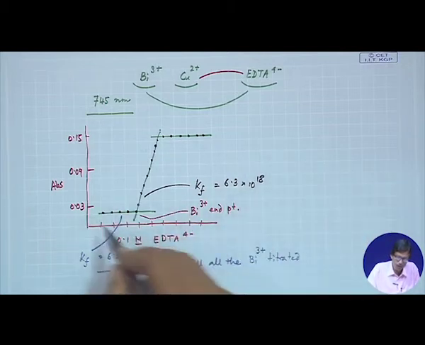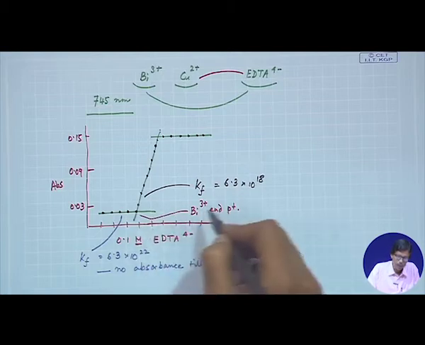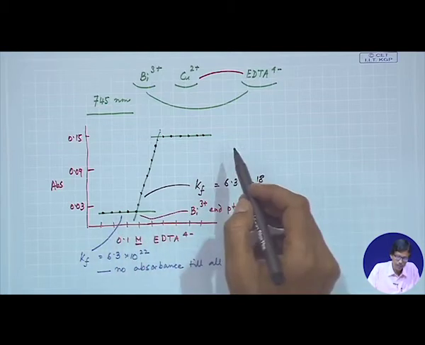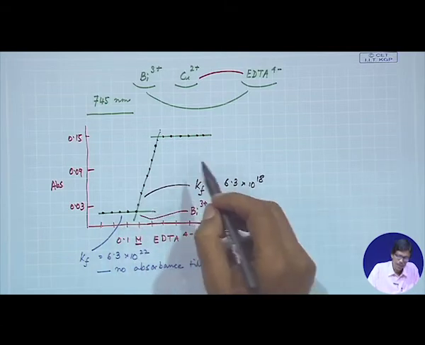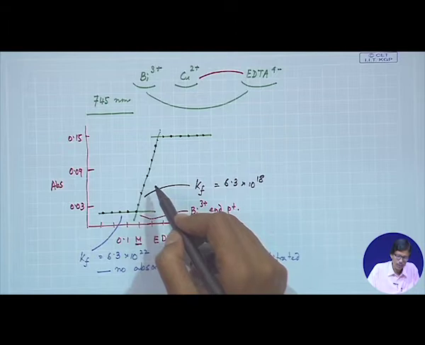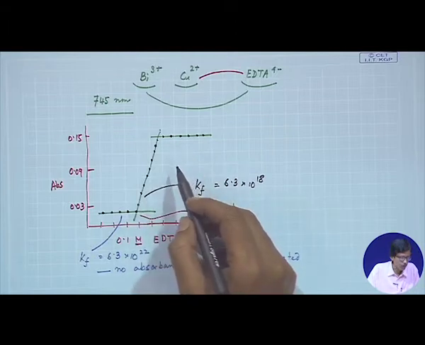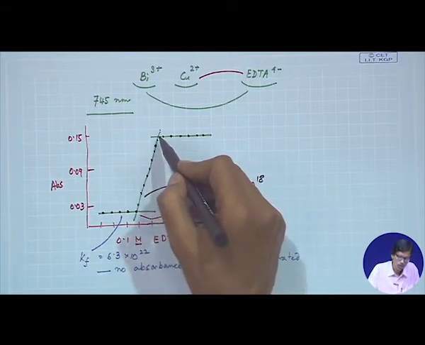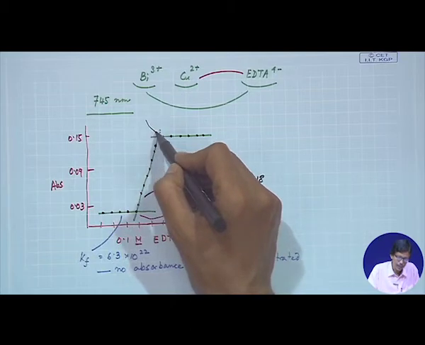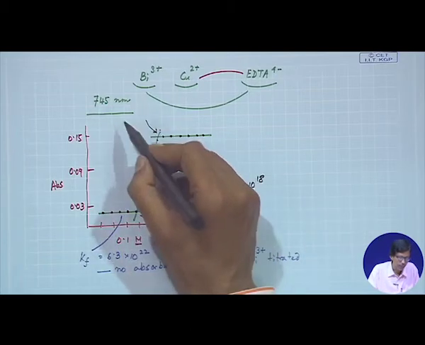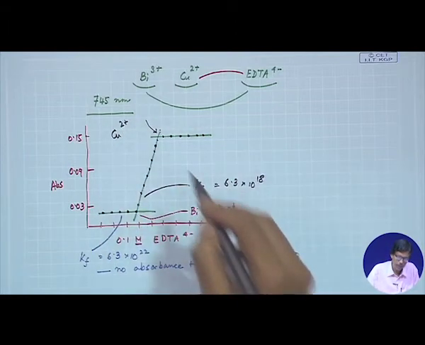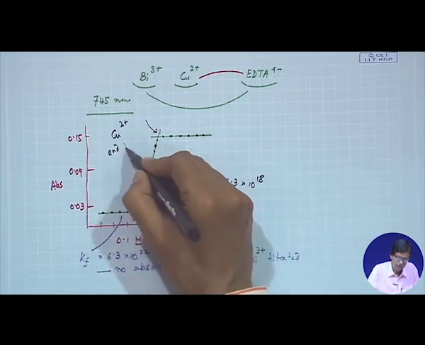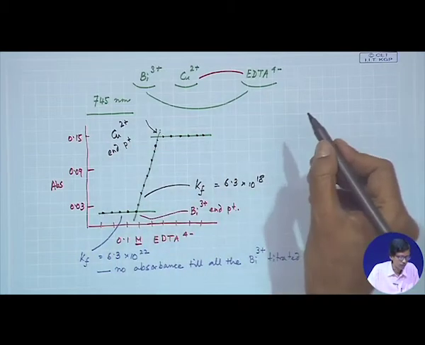When the EDTA has been consumed by the bismuth, EDTA will try to react with your copper 2 plus. So, this will go on increasing till we reach this particular point, which is your copper 2 plus end point, like that of your bismuth 3 plus.